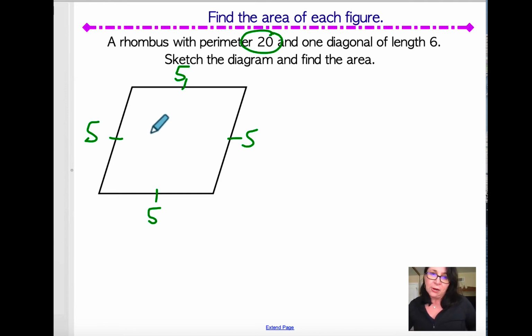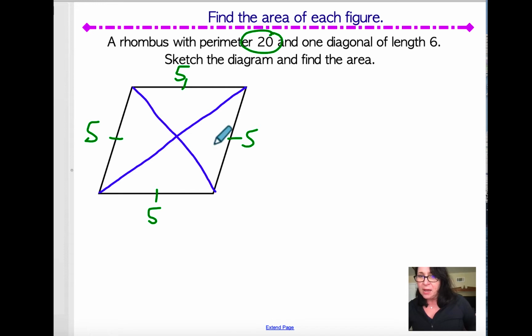One of my diagonals has length 6. I don't know which one that is, so I'm just going to say it's this diagonal. But what I also know is that if this diagonal is 6, this would divide that into 2 equal parts, because diagonals do bisect each other in a parallelogram, which this is.